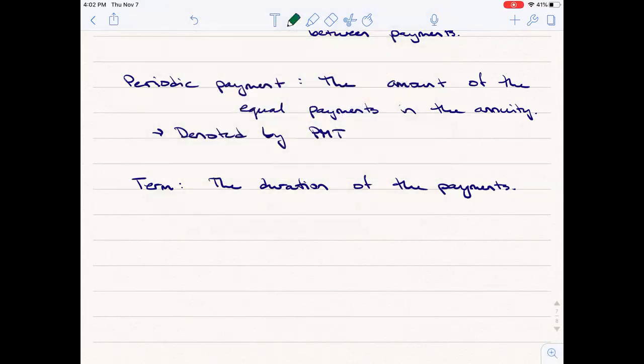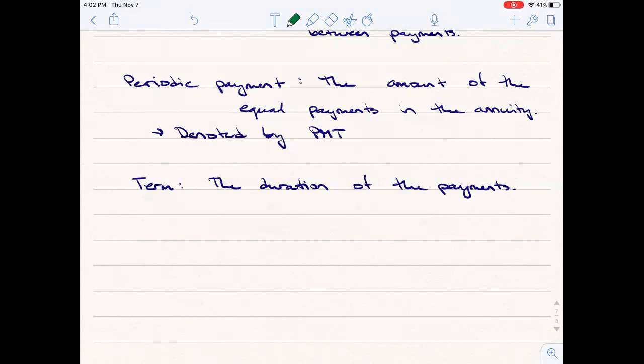Here's a big change. Not really once we get down to the nitty-gritty, but at first glance, the biggest change is that we've been using lowercase n to be the number of compoundings. Now for annuities, n is going to denote the number of payments.